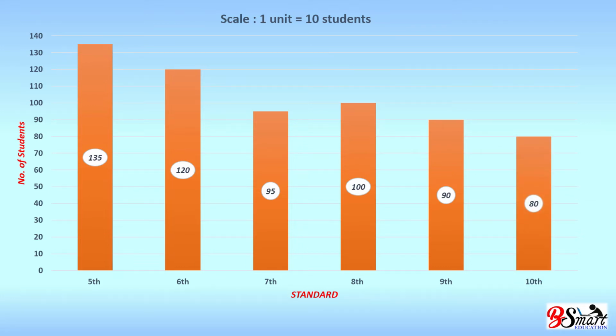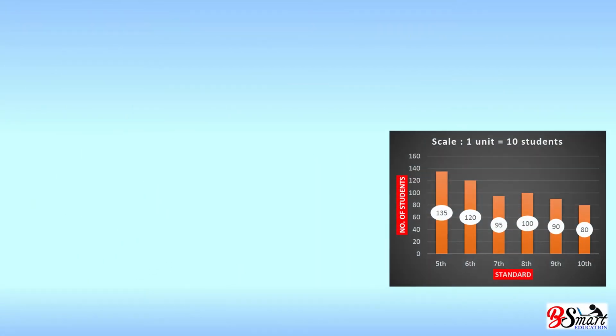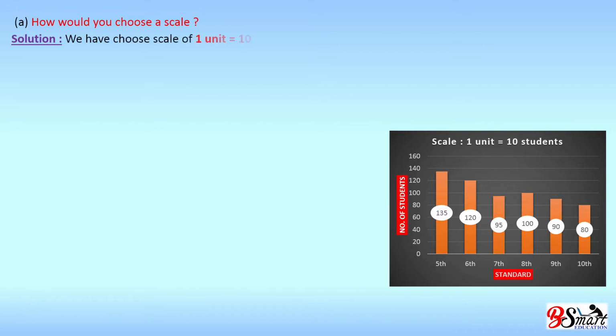Now look at the question. Question: how would you choose a scale? Answer: we have chosen scale of 1 unit is equal to 10 children as it is shown on a graph paper easily and with sufficient clarity.